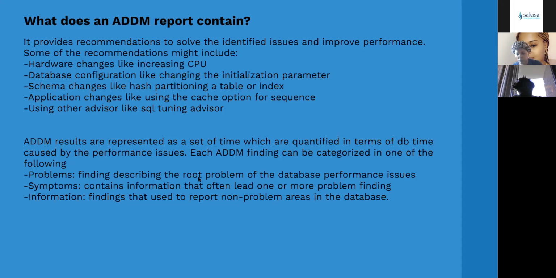Another part can be symptoms, and those symptoms contain information that often links to one or more problem findings. So we can have more, not only one, depending on the database. And we have information findings, which report non-problem areas in the database.